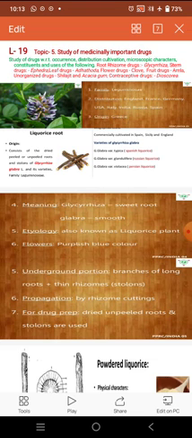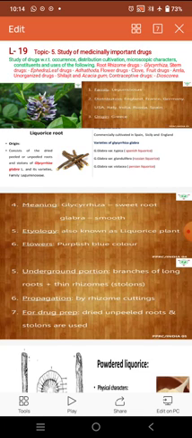So now we are starting our topic 5. Here the different examples are there. Study of the drugs with respect to the occurrence, distribution of cultivation, microscopic characters, constituents and the uses of the following. So root drug example Glycyrrhiza, licorice, we have taken for practical.